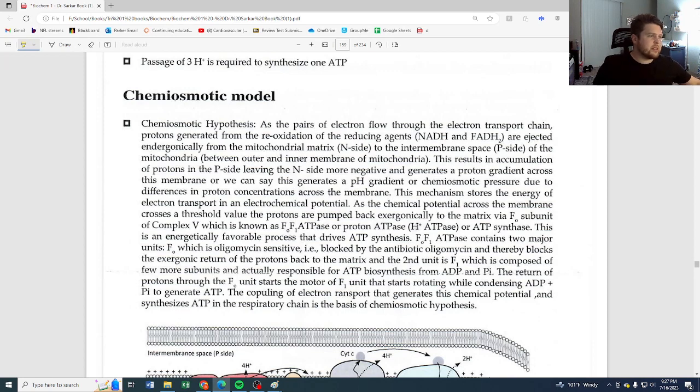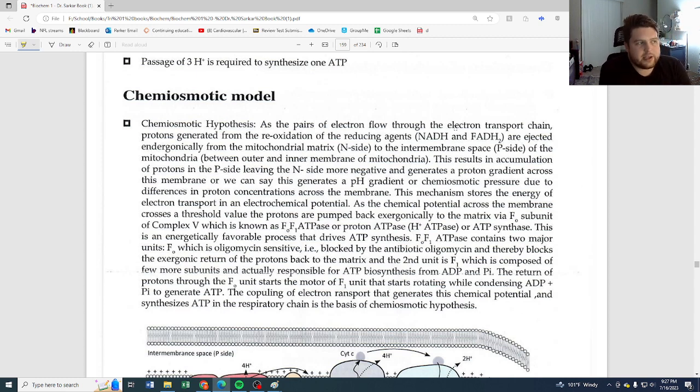So this model, or this hypothesis, states that as the pair of electrons flow through the electron transport chain, protons generated from the reoxidation of the reducing agents are ejected endergonically from the mitochondrial matrix, or the N side, to the intermembrane space, called the P side, of the mitochondria.